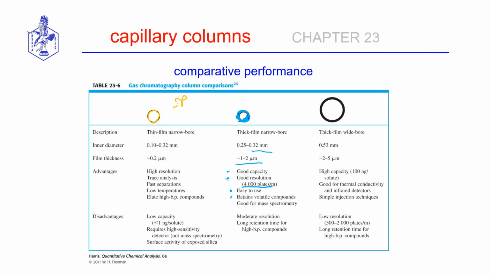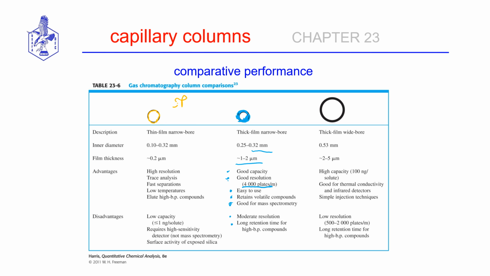They retain volatile compounds. And we can use a mass spectrometer as our detector with these columns. The disadvantages are that it doesn't have as good a resolution as the narrow bore, and the retention times are longer for certain compounds.